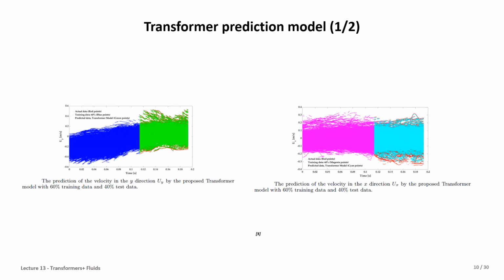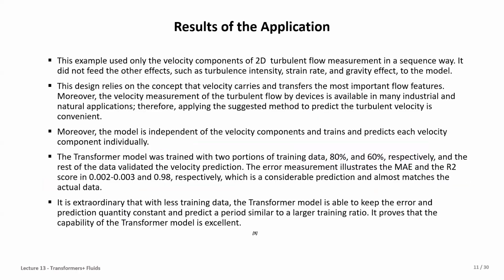So here we have an example of this application, which is presenting the capability of the transformer in the fluid dynamics area. The result of this application for 2D turbulent flow: it has some physical features which impact the flow behavior, like the turbulence intensity, strain rate, and gravity effect.